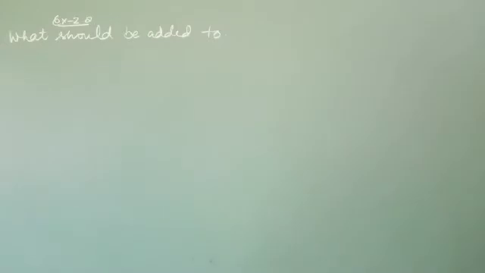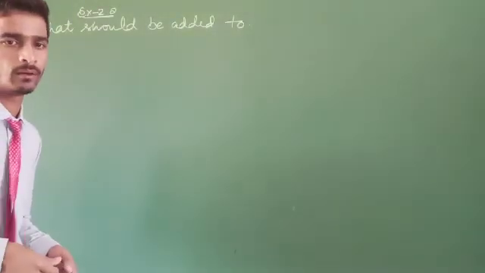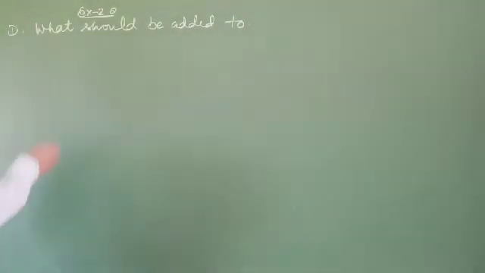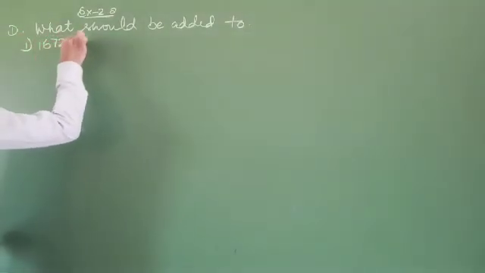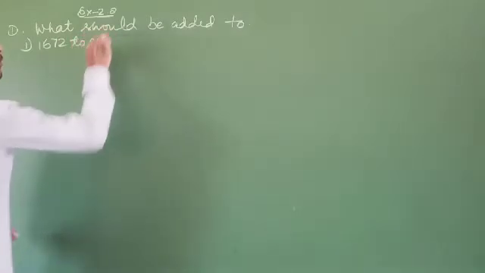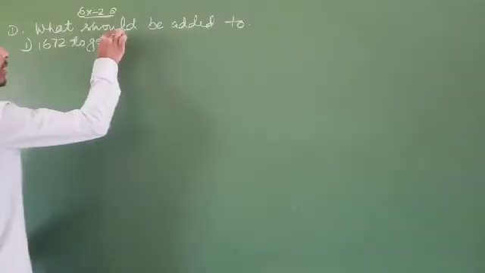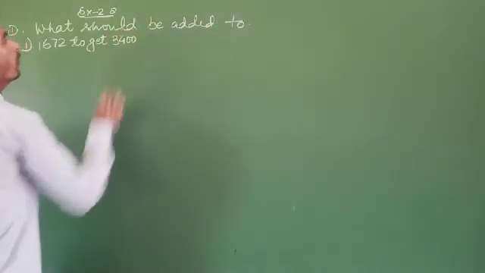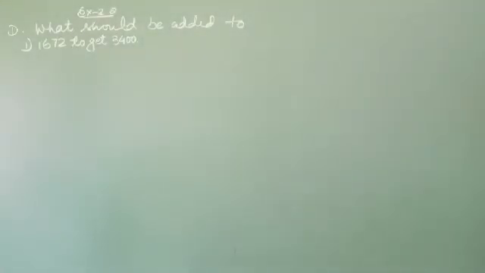The first one is what should be added to 1672 to get 3400.